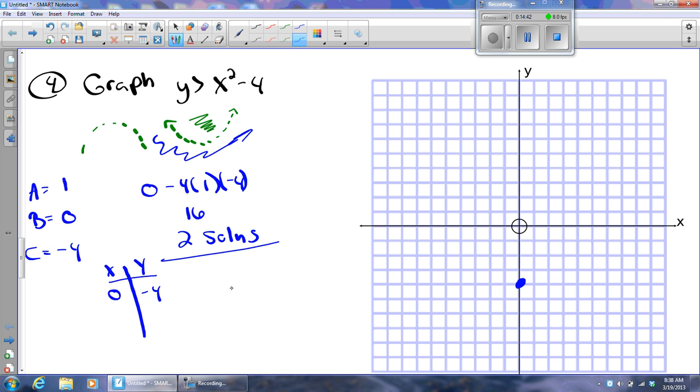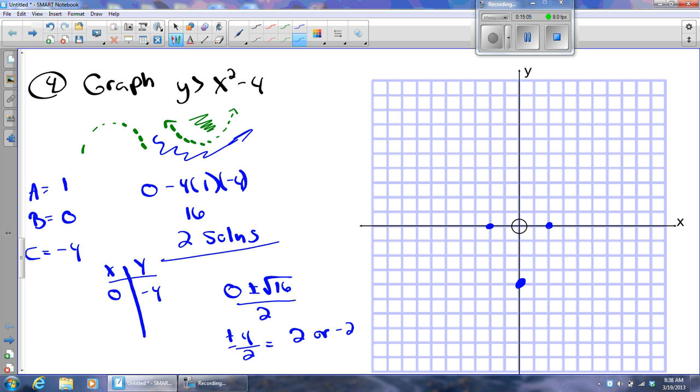Now I'm going to use the quadratic formula to find my 2 solutions. Negative b plus or minus the square root of 16, divided by 2a. Well, that's going to be plus or minus 4 divided by 2. Well, that's going to be 2 or negative 2. It's 2 and negative 2 technically.